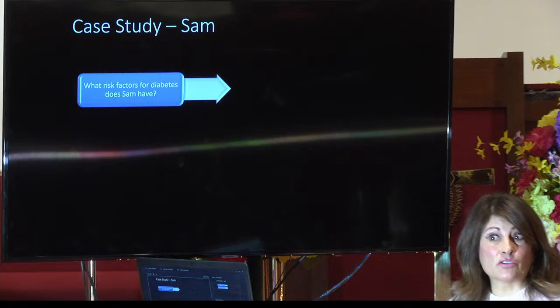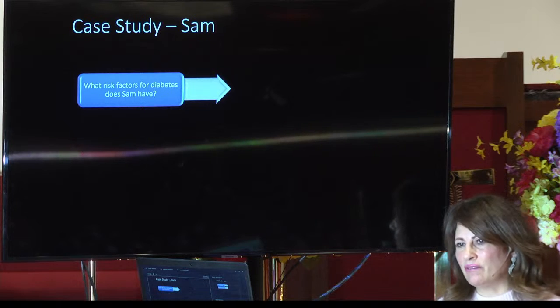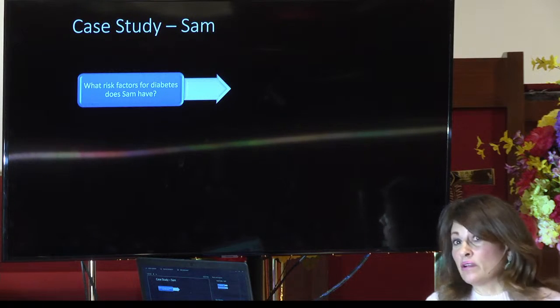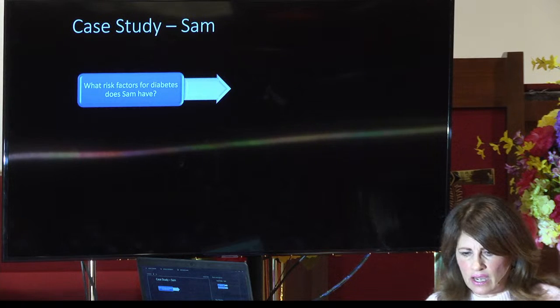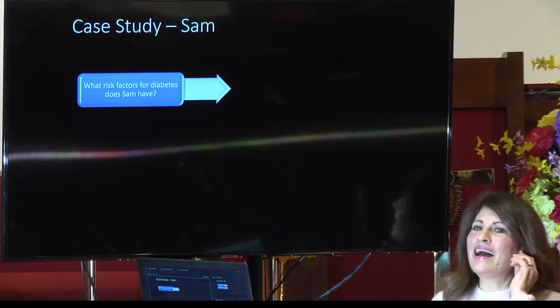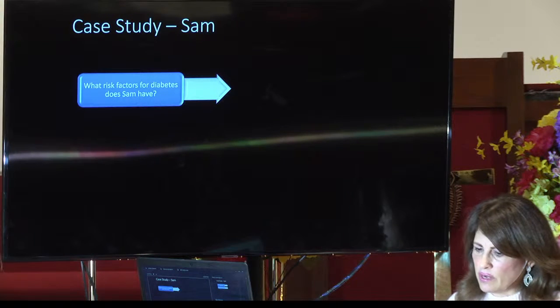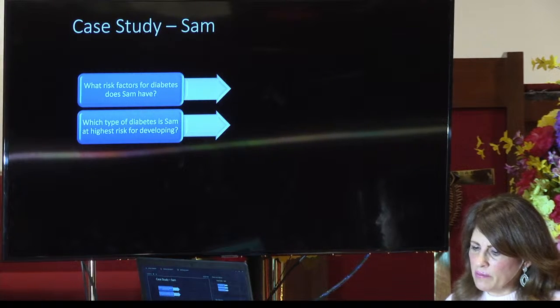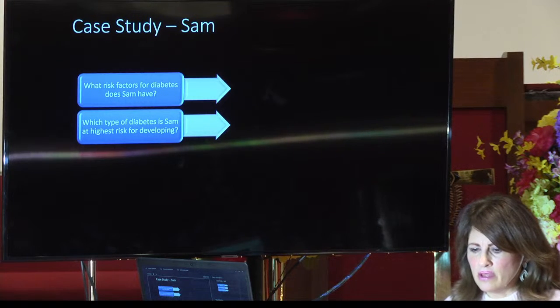That's right. And his blood pressure, right? Oh, and also he gained weight, right? I mean, he's overweight, because obesity could be, I mean, he's not obese yet. It just says he gained. That's a lot, a year. Yeah, it's a lot. So his risk factors, and which type of diabetes is at the highest risk for developing for him? What do you think? That's correct.